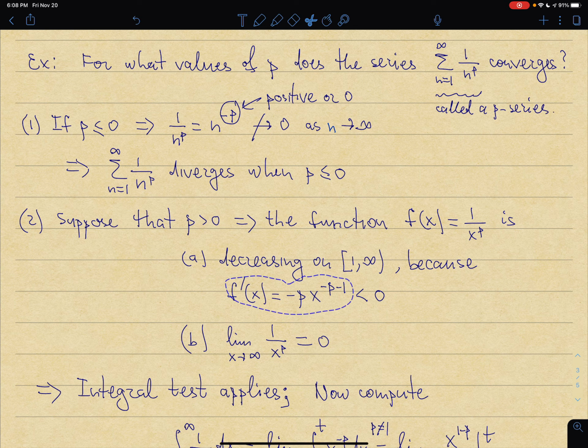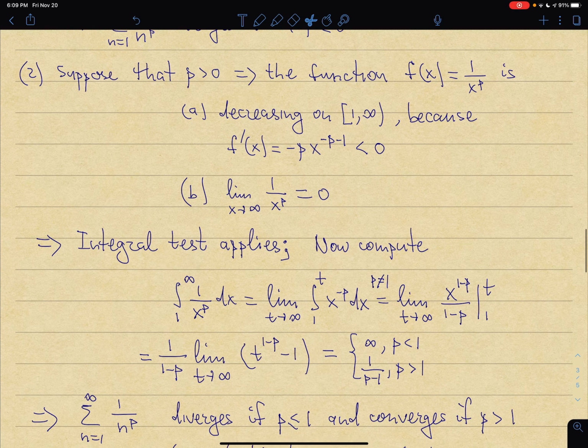For x positive, for x greater than 1, in fact, x to the minus p minus 1 is a positive number. Minus p, when p is positive, is negative, so this number is less than 0. So f of x is a decreasing function. And clearly, as x goes to infinity, 1 over x to the p will go to 0. So then we satisfy two conditions for the integral test.